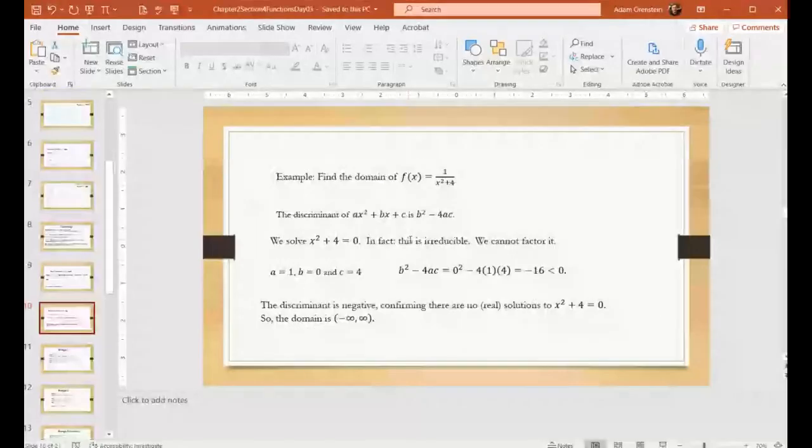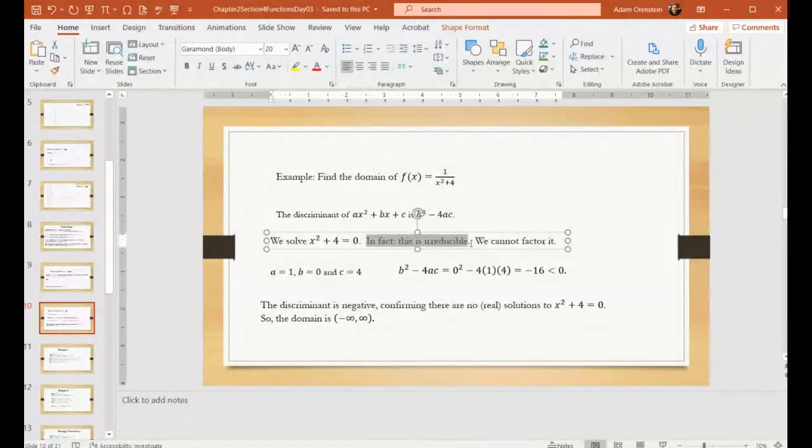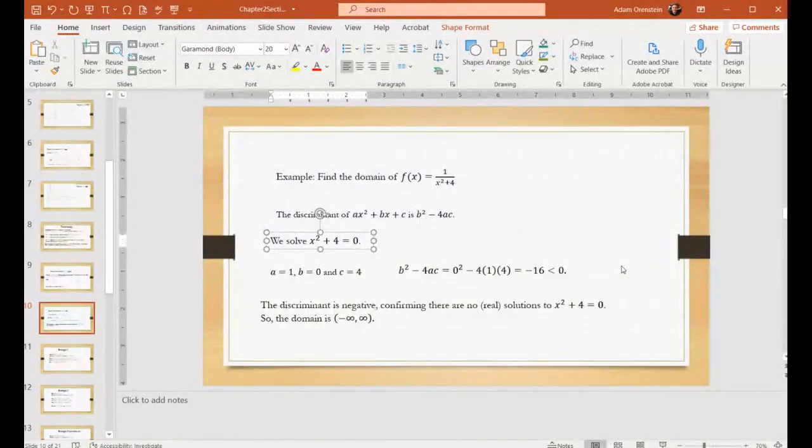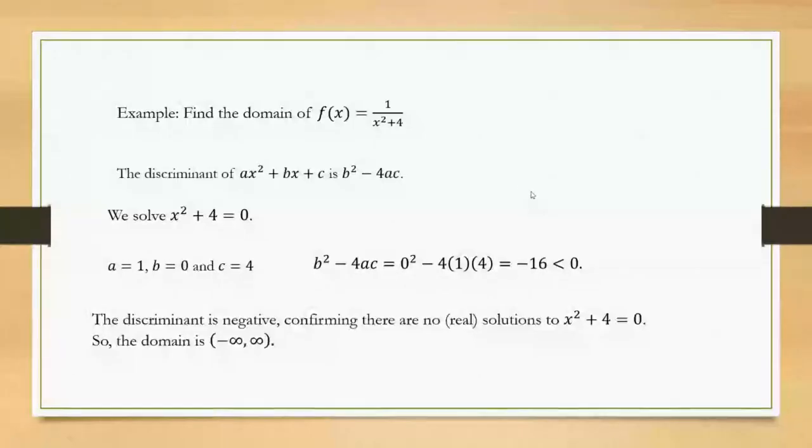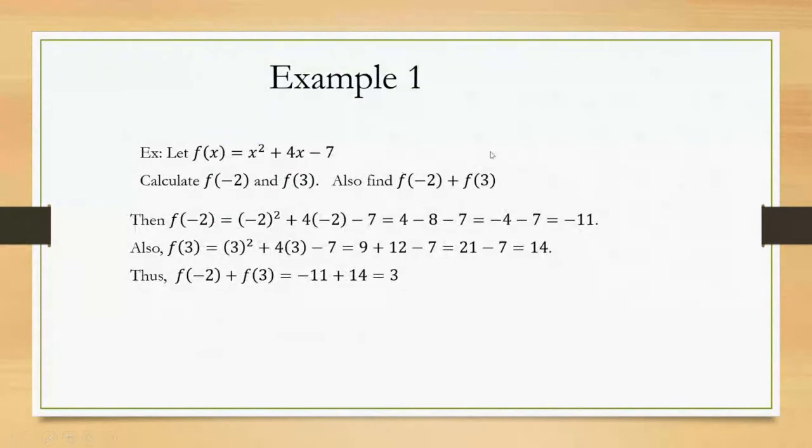Let me just take this out. Better. So the discriminant's negative. Now, these kinds of examples I wanted to do because, from my experience teaching this class, people generally have trouble calculating these. So I figured it wouldn't hurt to go through this.